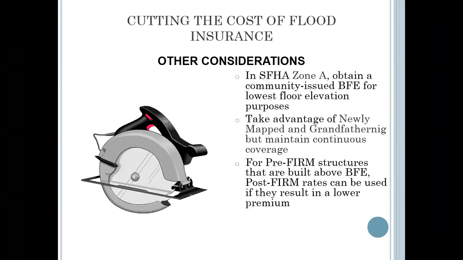So some of the other considerations that you can look at in reducing the cost of flood insurance, if you've got zone A's, find or obtain a community-based flood elevation. You can get that. The Corps sometimes will help establish a base flood elevation.